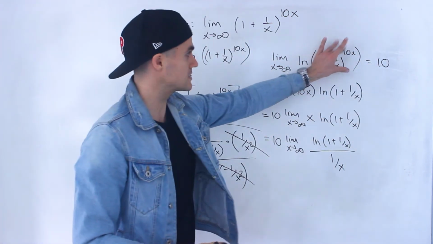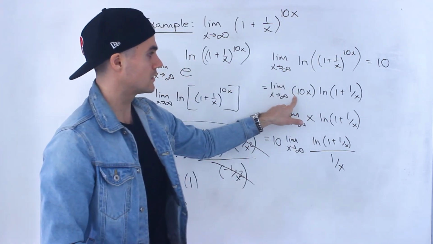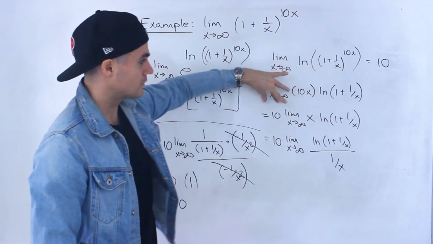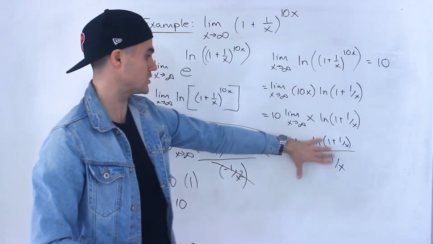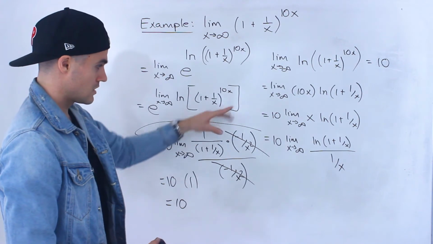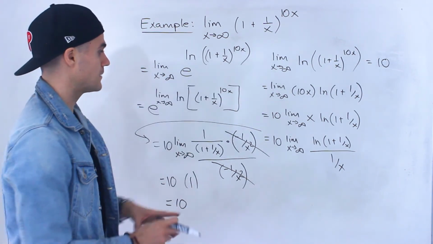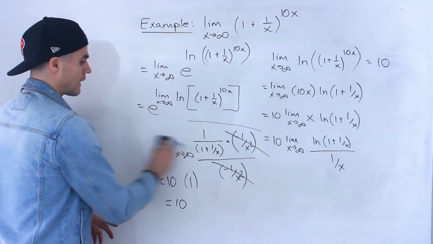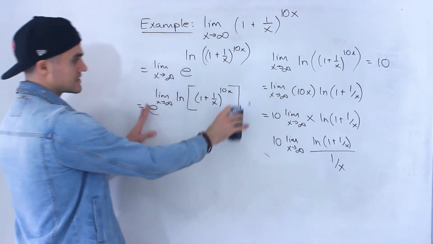We brought down that exponent because we ln'd it, right? We brought down that exponent, factored out the constant, converted the indeterminate product to an indeterminate quotient, applied L'Hopital's rule, and then simplified it, and we end up getting 10. So the result of that limit is 10, but that's not our final result. Because remember, we're working with this main limit here.